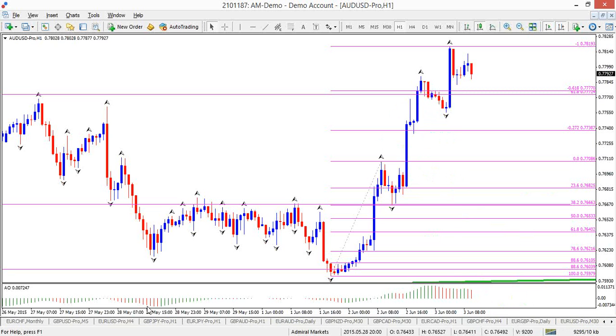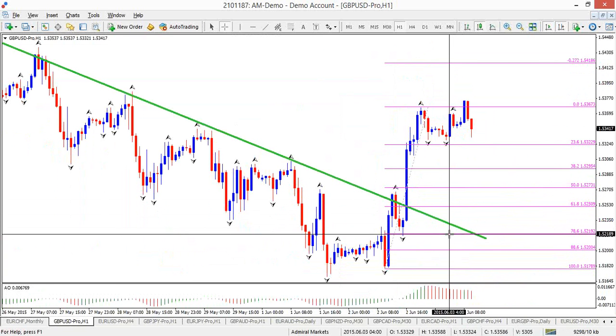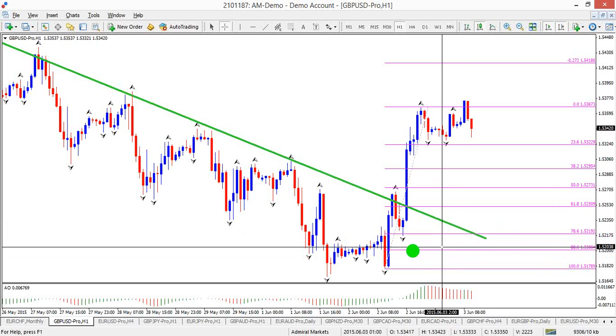One quick question on the pound. I don't think the cable will retrace that deep. It could. Doesn't seem very likely at the moment, though. But I think the best place is still here as a stop loss. But if a trader wants to tighten the stop loss, then the closest I think a trader could get is below this 78.6.